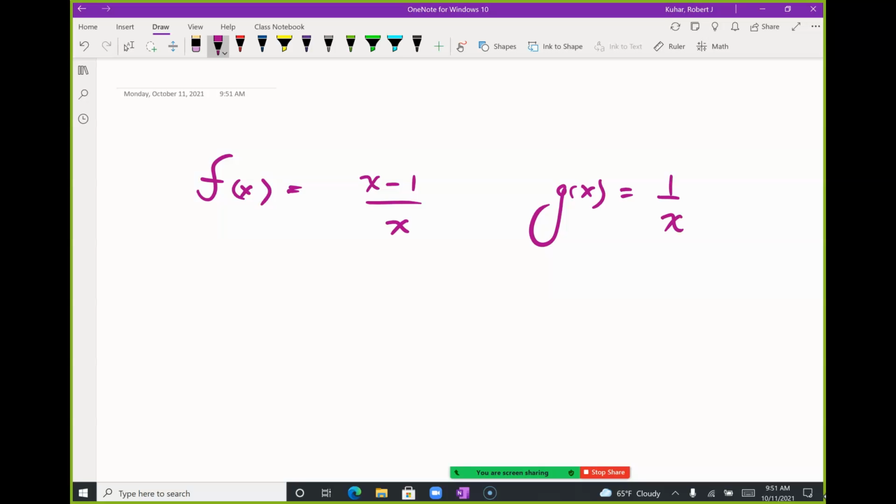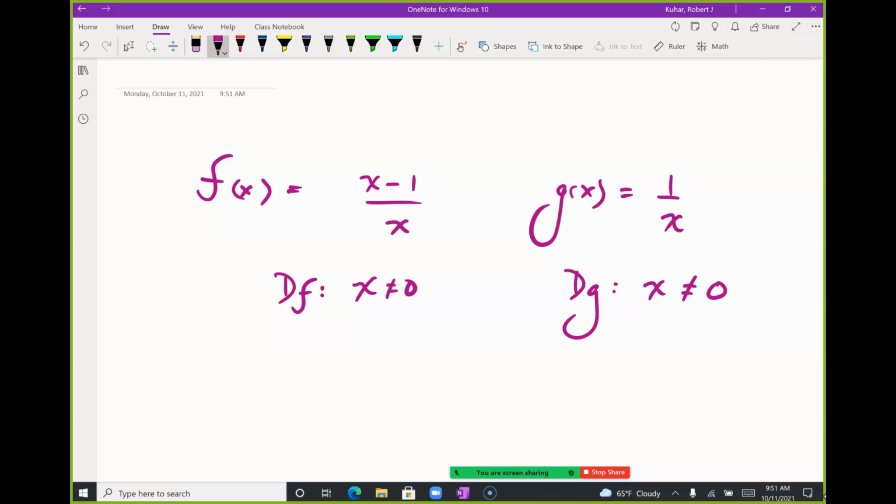And let's talk about the domain of these guys first. This is the domain of g. X cannot equal 0. Nice. What is the domain of f? X cannot equal 0. Nice.